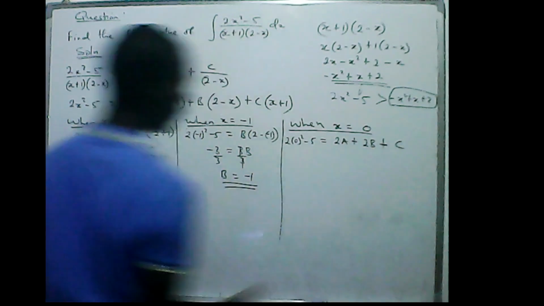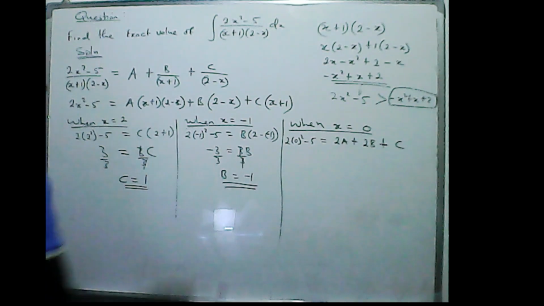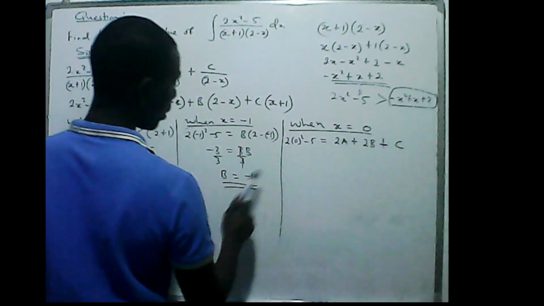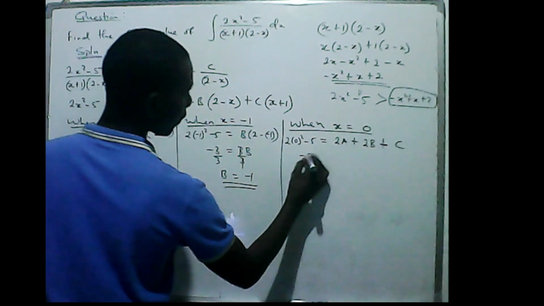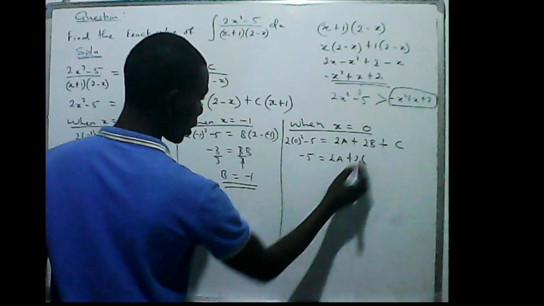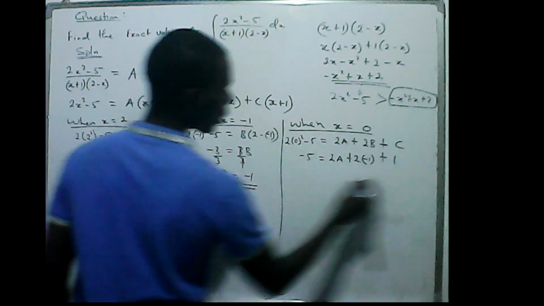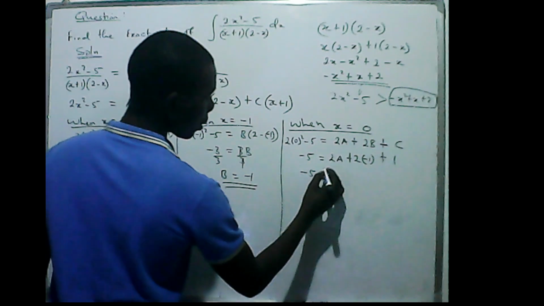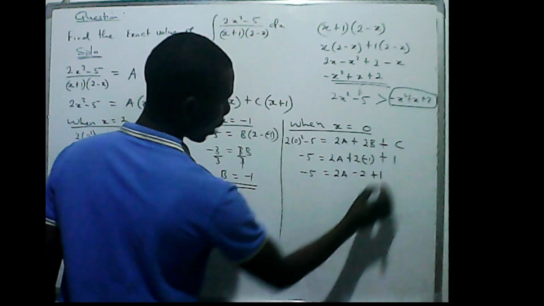Now, since we have values of b and c, we can substitute 1 for c, negative 1 for b. Now we have negative 5 equals 2a plus 2 times, what is our b? Negative 1 plus c, that's 1. Then negative 5 is equal to 2a minus 2 plus 1.